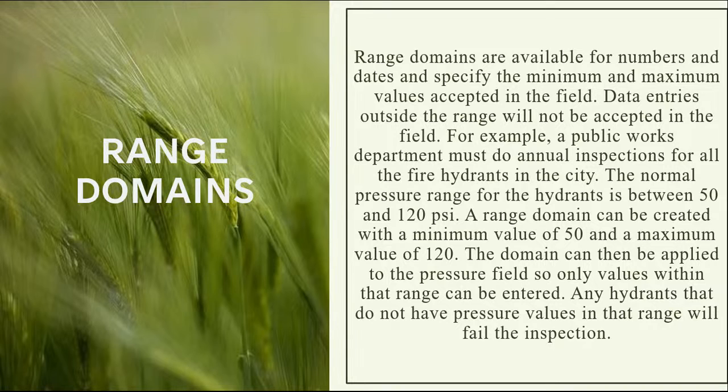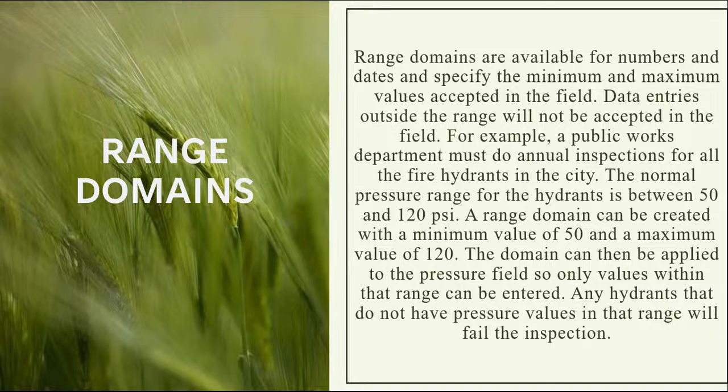The normal pressure range for a hydrant is between 50 and 120 PSI. A range domain can be created with a minimum value of 50 and a maximum value of 120. The domain can then be applied to the pressure field, so only values within that range can be entered. Any value outside 50 and 120 can't be entered.